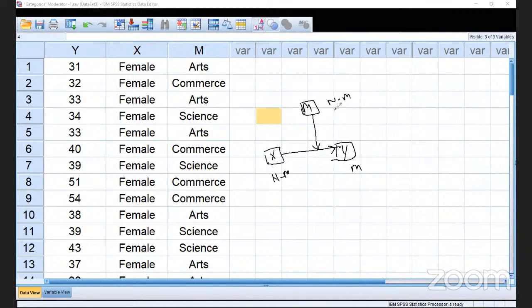So we will use factorial ANOVA here instead of multiple regression analysis, because otherwise we would use dummy coded variables. We would convert these variables into dummy variables, and it's a long process. The advantage of factorial ANOVA is that it will give the interaction effect by default.